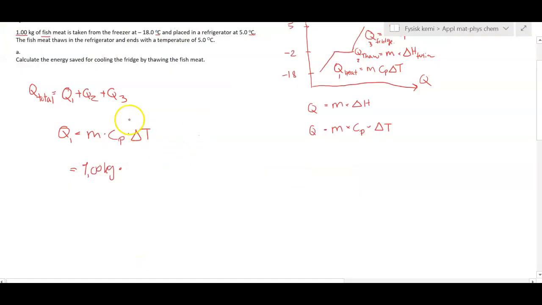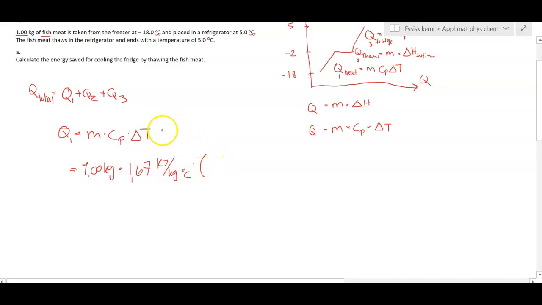So we have 1.67 kilojoule per kilo per Kelvin. It could actually also be degrees centigrade, because it is a relative temperature. So we say per degree centigrade, and then delta T.